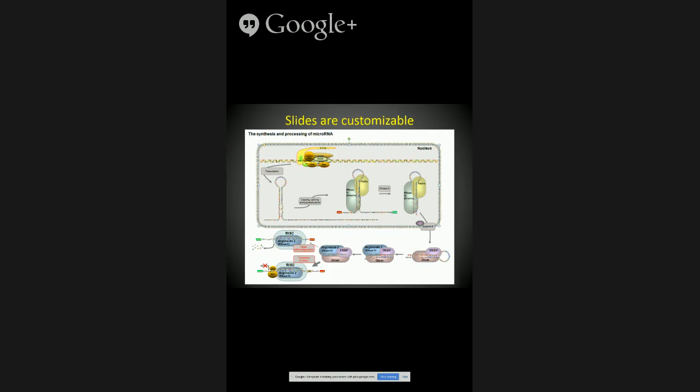You can change the labels, and you can actually move components from one slide to the other as well. So you can customize these slides to portray your research specifically. And you can also have a version for technical presentations and a version for lay-level presentations.